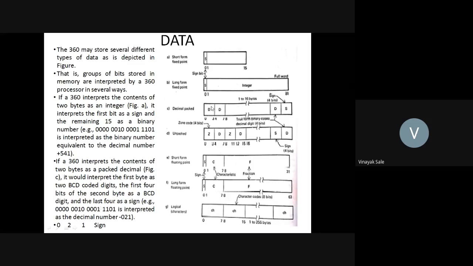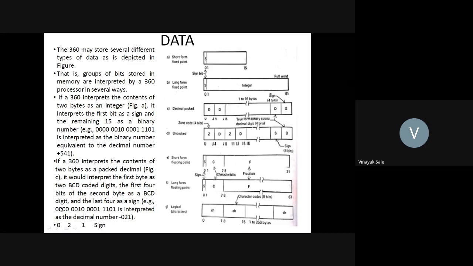In this, the first byte is BCD coded digits. Then of the last byte, the first 4 bits are again a BCD coded digit, and the last 4 bits are for the sign.